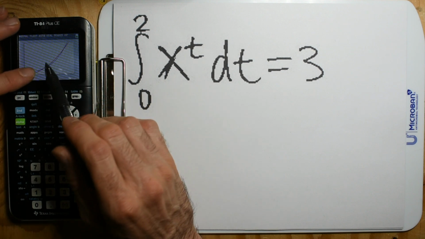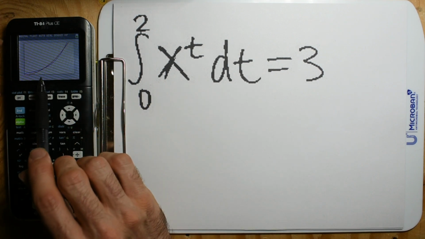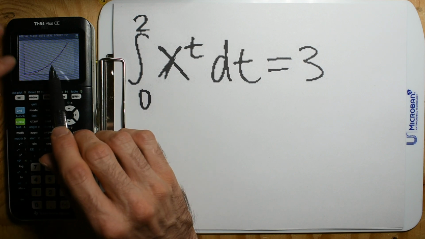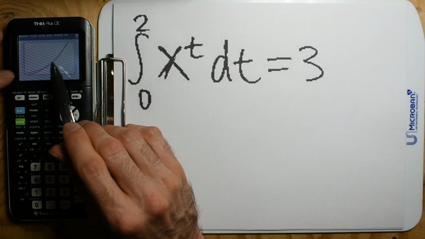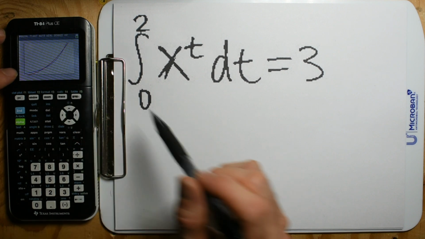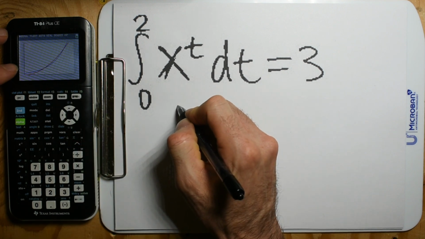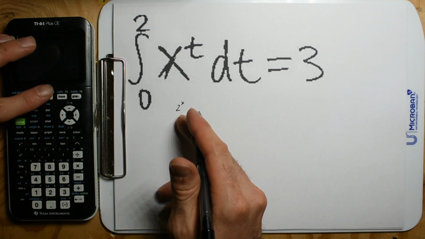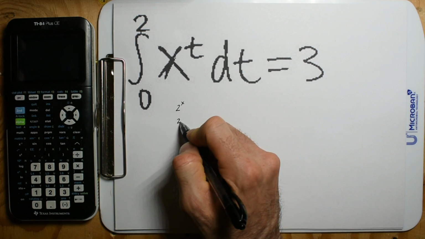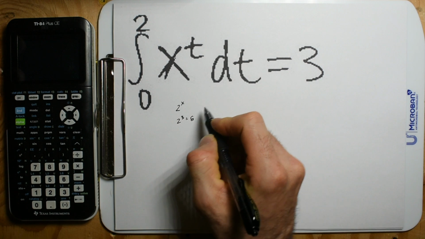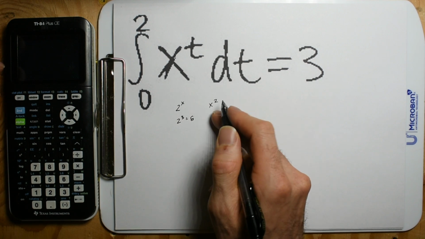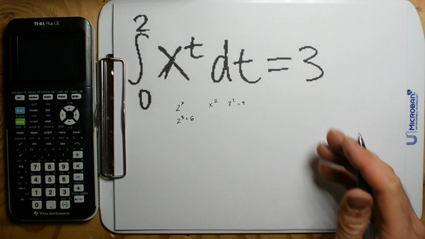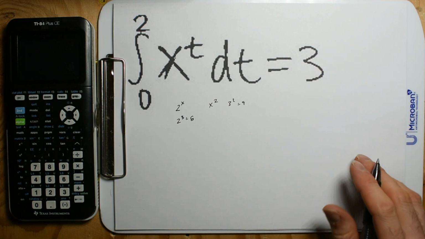Even though at any given day, between day 2, 3, 4, you're going to make less money if you chose 2 to the x. On day 3, you're only making 2 to the 3, $8, where on this one you have 3 squared, you're making $9. So that's the only thing I wanted to point out there.